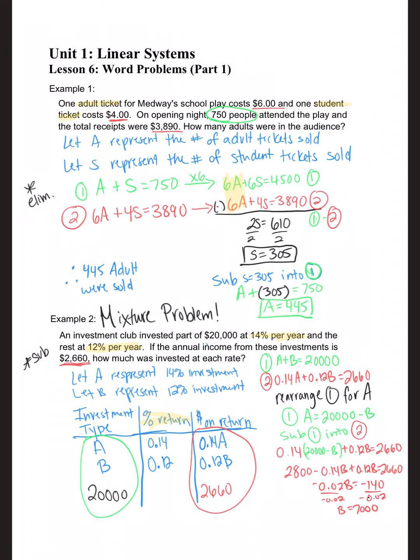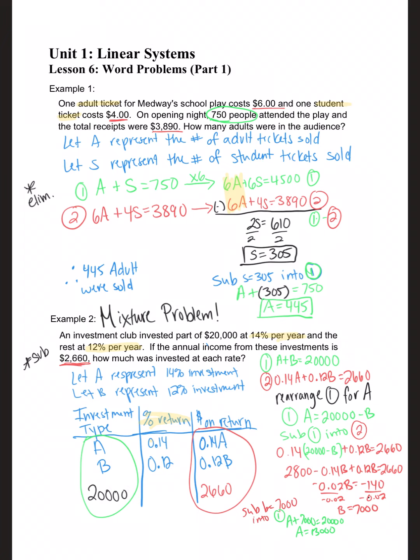So we're going to sub B equals 7,000 into the easier equation, so we'll put it into equation 1. So if we do A plus 7,000 equals 20,000, we'll bring our 7,000 over to the other side, and you should get that A equals 13,000. Okay?